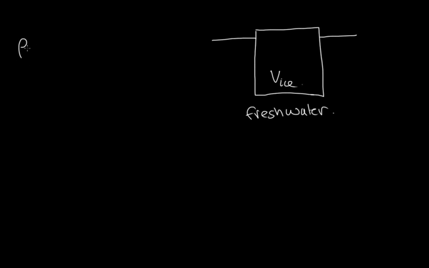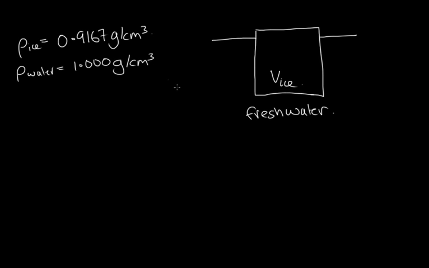So we know that the density of the ice is equal to 0.9167 grams per centimetre cubed, and that the density of the water is equal to 1.000 grams per centimetre cubed. Now if this was salt water, it would be slightly more dense, but in this demonstration it was fresh water, so we're going to be using fresh water in our calculation.